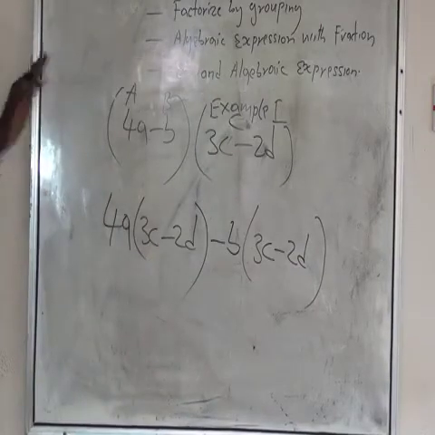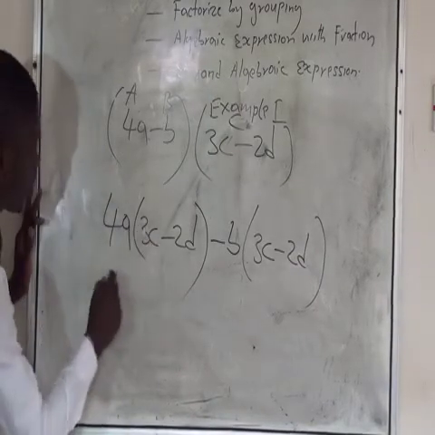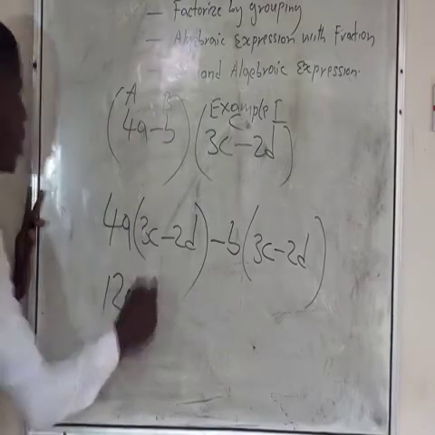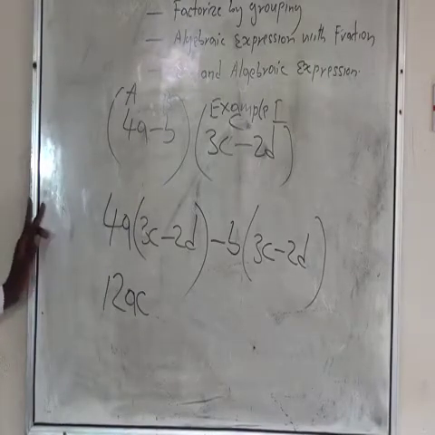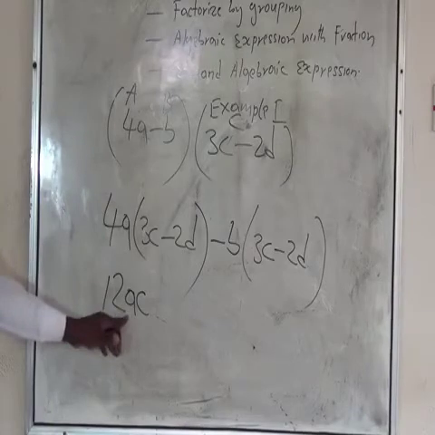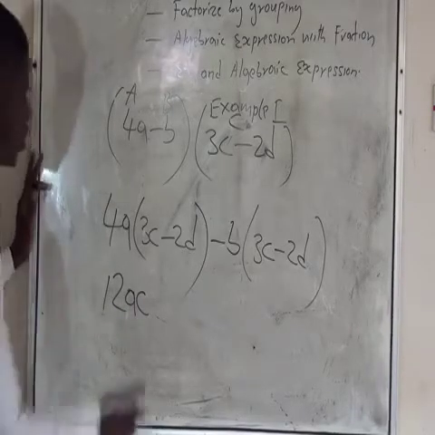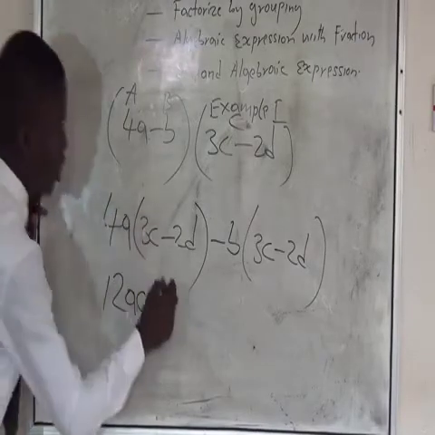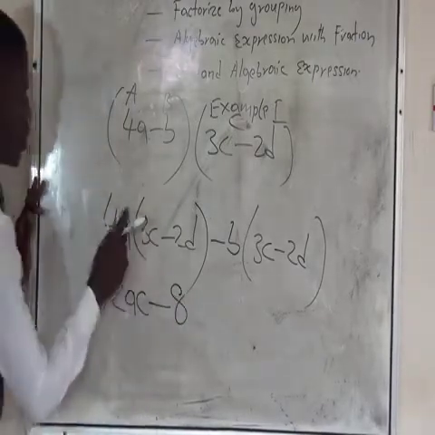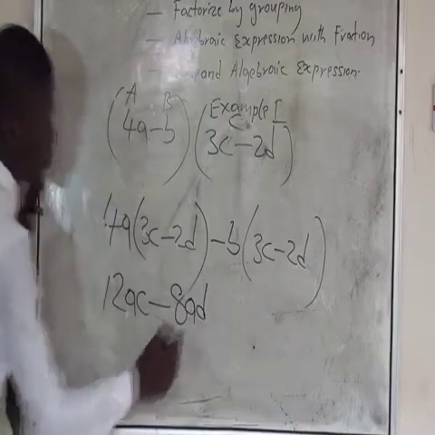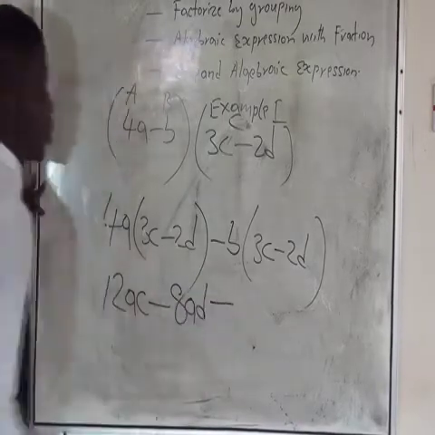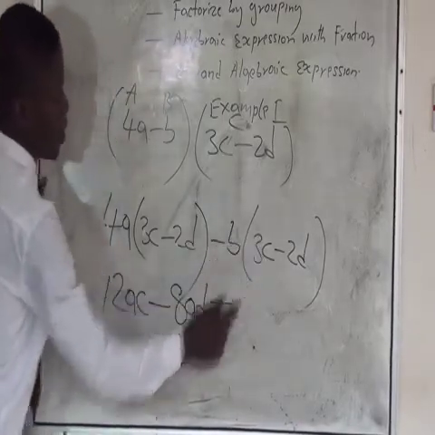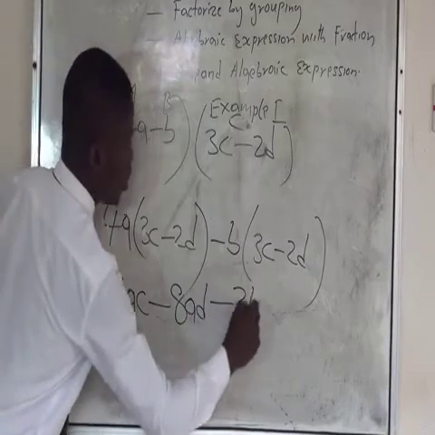Let's expand now. 4 times 3 will give me 12ac. Please try to arrange this according to the alphabetical order. Then 4 times 2, you put your sign, minus 4 times 2 is 8ad. Minus b times 3 gives me 3bc.